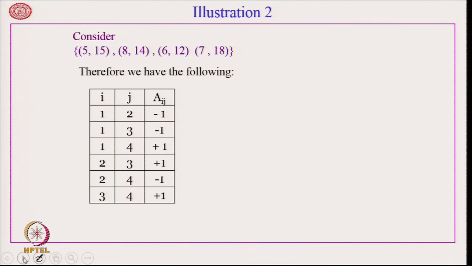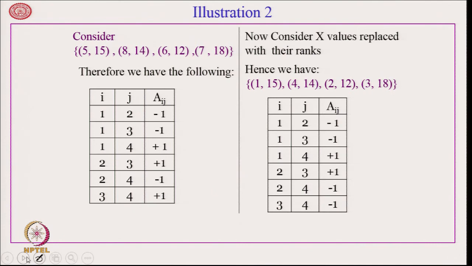Let us consider another example. Again, we have taken these 4 pairs of observations and computed this table of aij. Now, consider the x values replaced with their ranks. The values are 5, 8, 6 and 7.